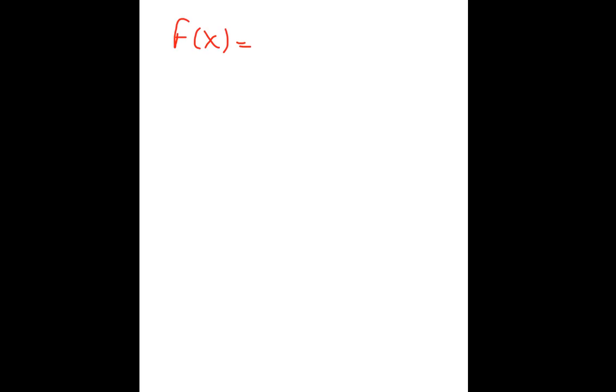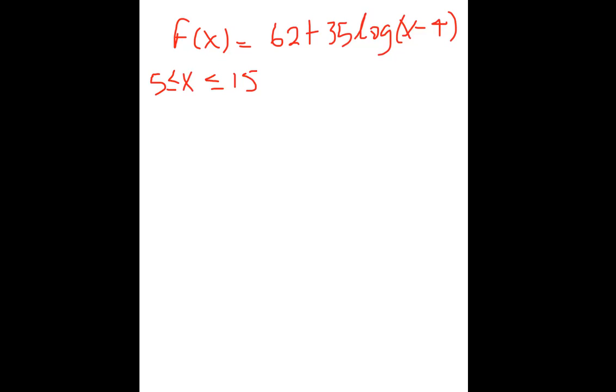And so the formula is f of x equals 62 plus 35 times log of x minus 4. Now for this one right here, x represents the girl's age from 5 to 15. That's the age, from 5 to 15.